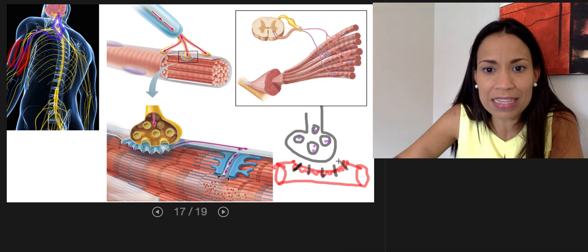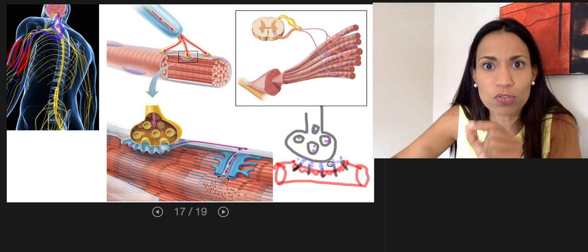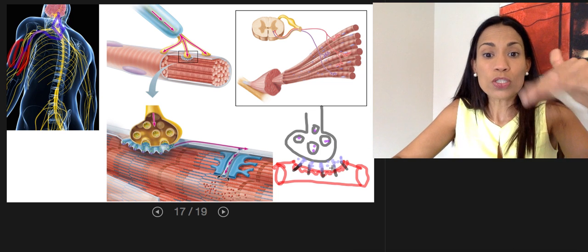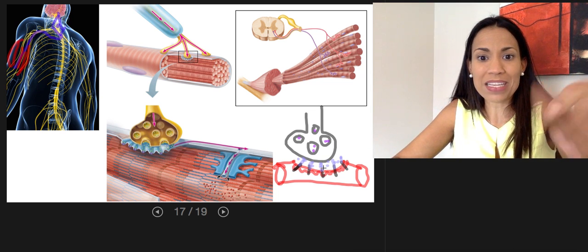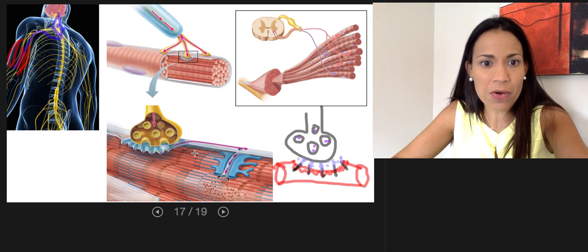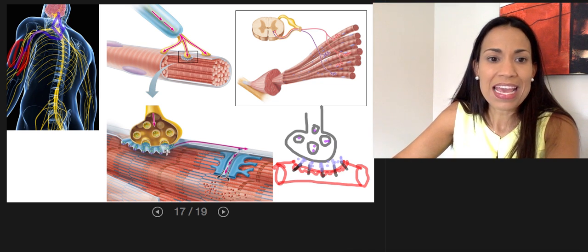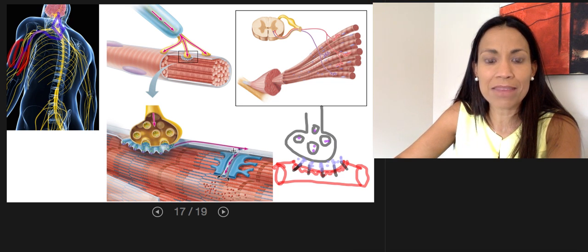So right here in the synaptic cleft is where the acetylcholine molecules are released, and then they can interact with their specific receptors. If there are other receptors in there, it won't interact. It needs to interact with the specific receptors. So the action potential is now initiated in the skeletal muscle fiber, and will travel the whole length of the sarcolemma, including the invaginations that we know as T-tubules.